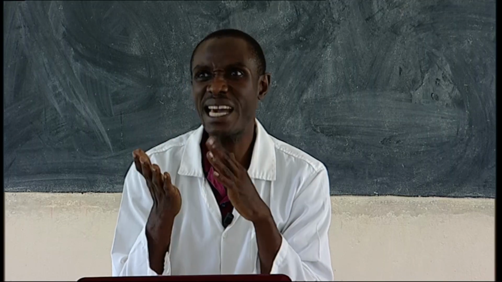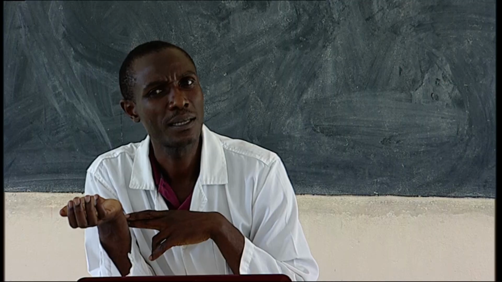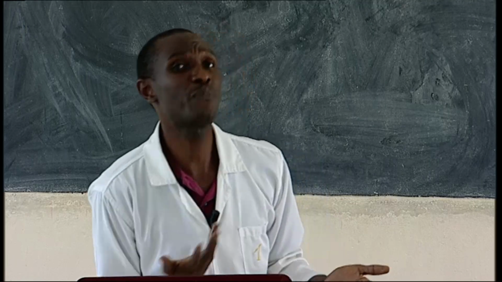So that we're able to tell that, oh, G1, oh, G2, then S, what exactly happens in S? That I'm able to look at the amounts and check, oh, the same, and then here, and then this. What exactly is happening here? If this is a non-dividing cell culture, these cells are not dividing. So exactly what's happening?